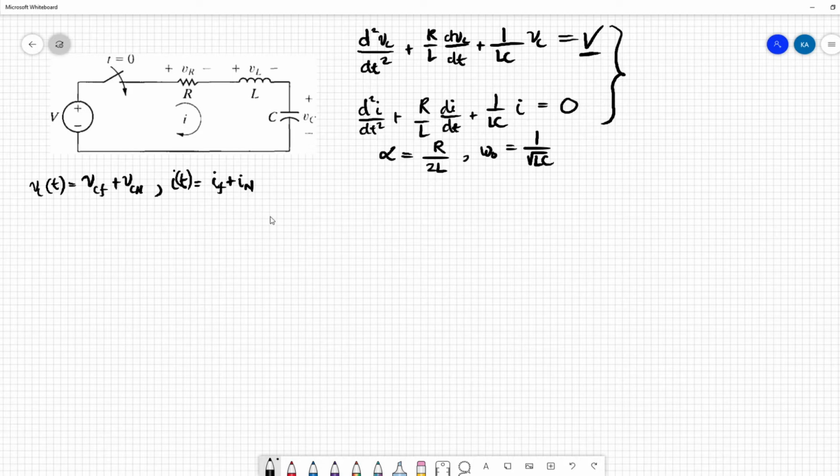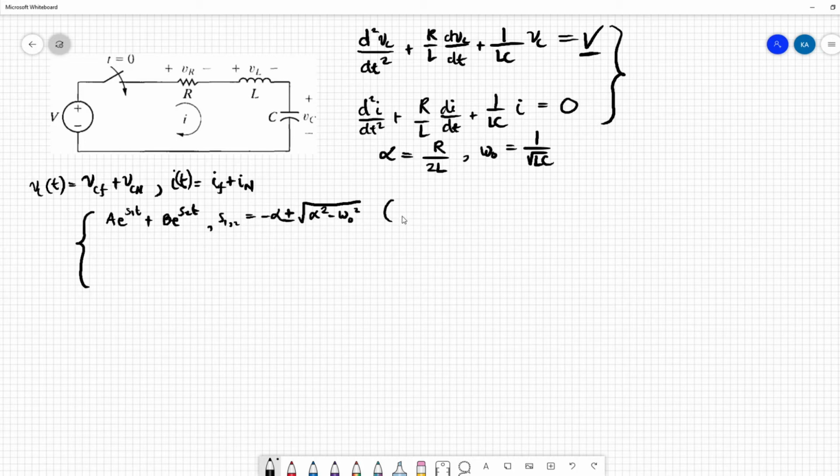Where for the natural response, we have three cases, same with the parallel RLC circuit: A e to the S1 t plus B e to the S2 t, where S1, S2 equal to negative alpha plus minus square root of alpha squared minus omega naught squared.